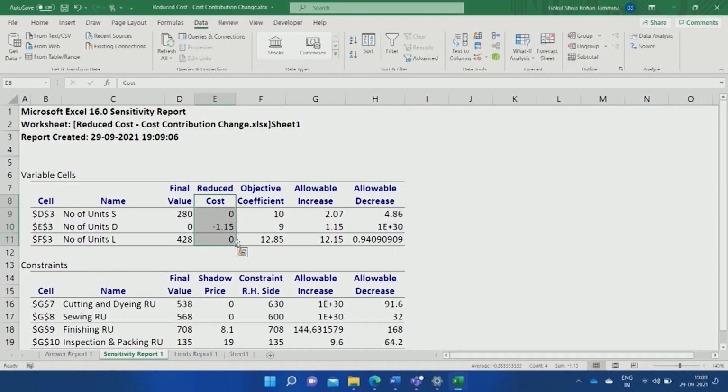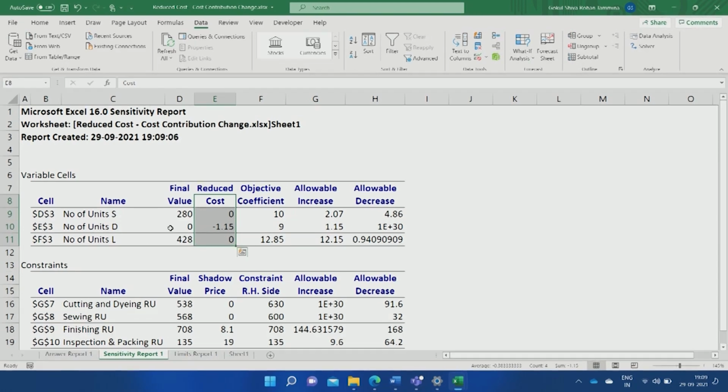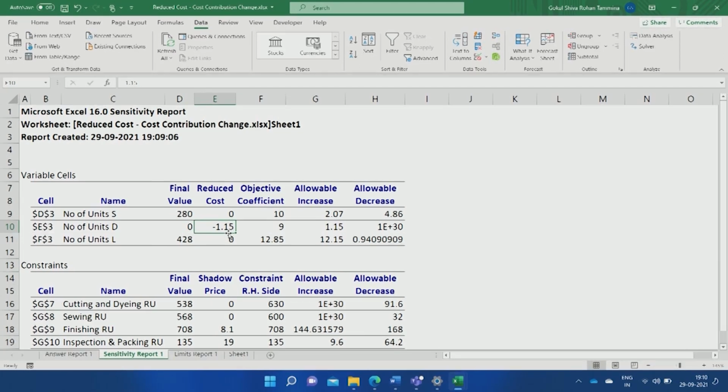That means that if the cost of producing these deluxe bags is reduced by $1.15, then you will get a positive value for D. When you reduce the cost of manufacturing deluxe bags, you will get a positive D value, and I will explain that.